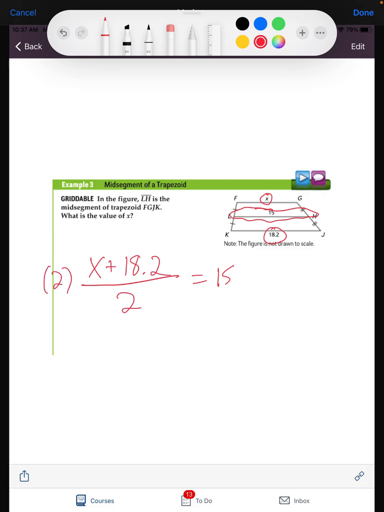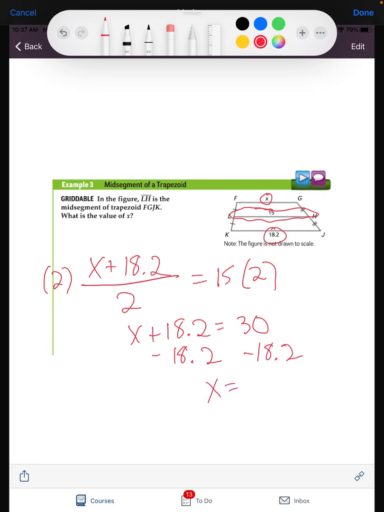Let's multiply by 2 on both sides. We get X plus 18.2 equals 30. And then we'll subtract 18.2 from both sides, we get X equals 11.8. So this part right here is equal to 11.8.